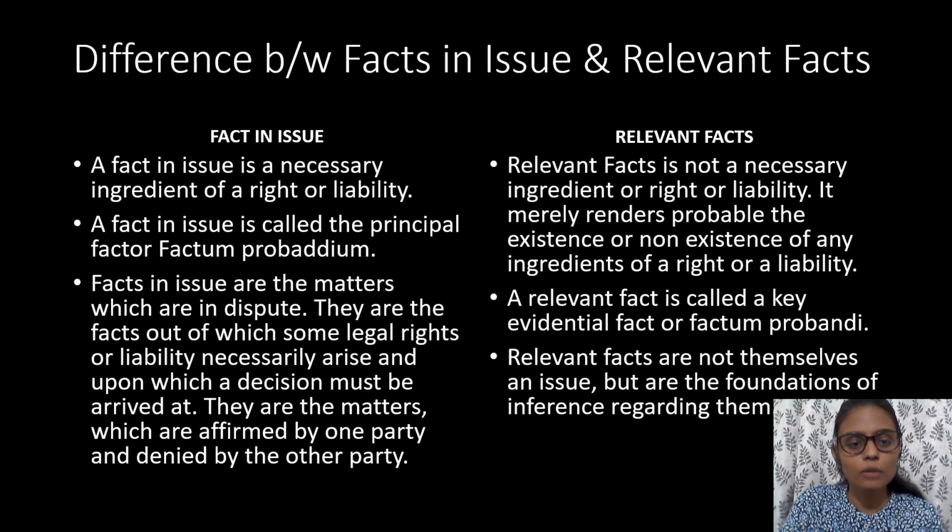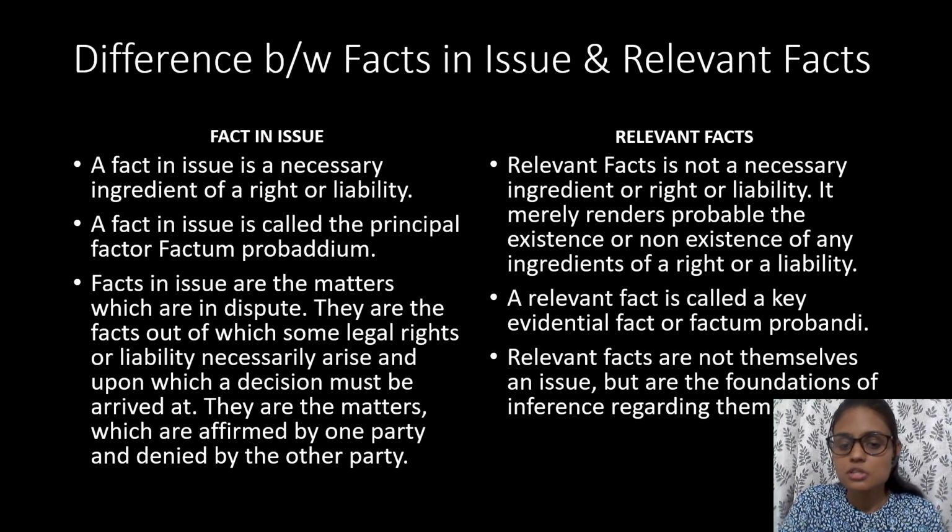The second point is that a fact in issue is called the principal factum probandum. It means all the principal facts which are necessary to prove the existence of any right and liability. Factum probandum means all the necessary and principal facts that need to be there to prove any liability or right.